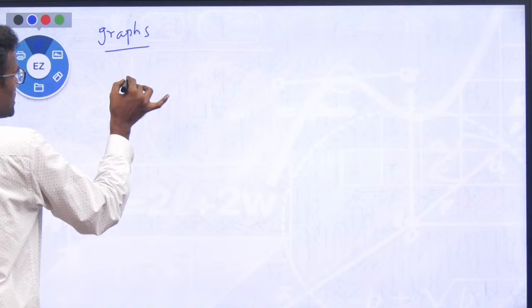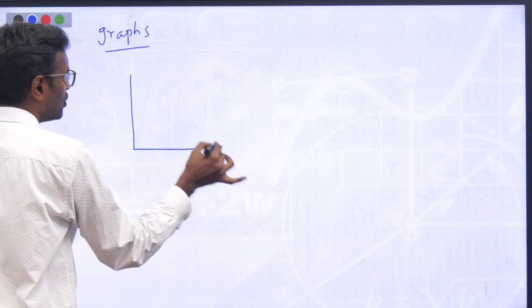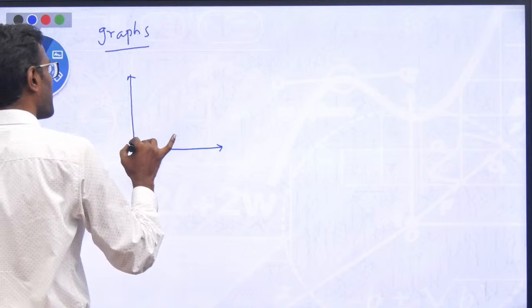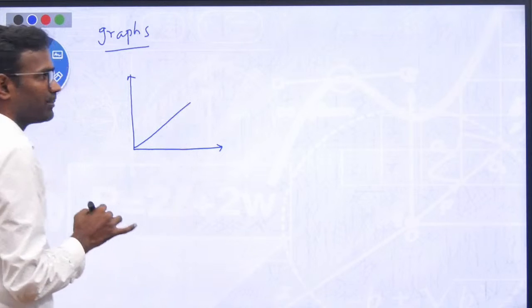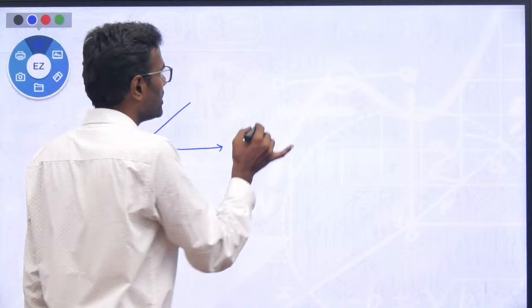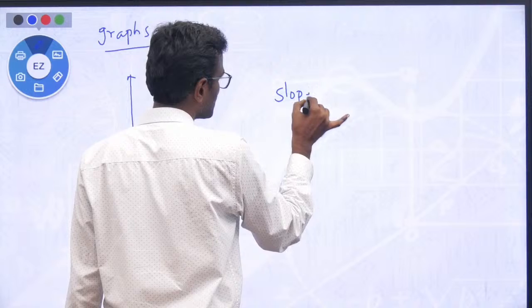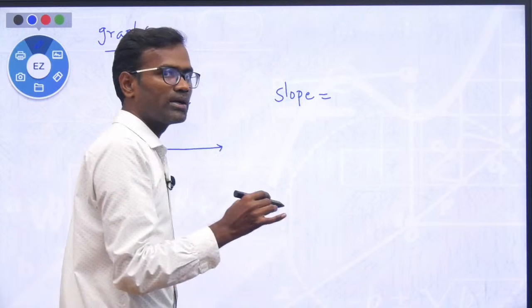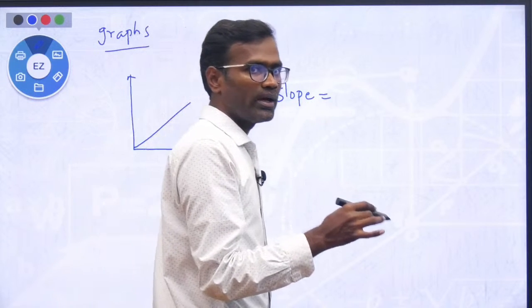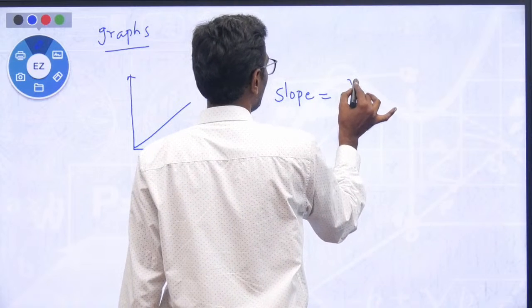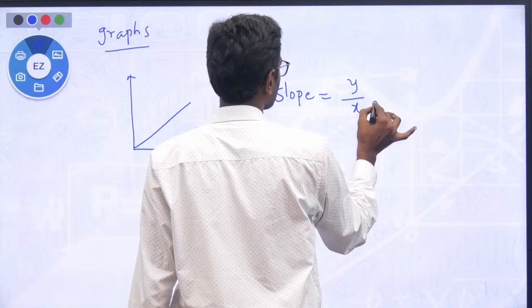So I need to discuss only two terminology here, that is slope and area. So what is slope? Slope equals to change in y coordinates by change in x coordinates. So that is simply we'll write y by x.